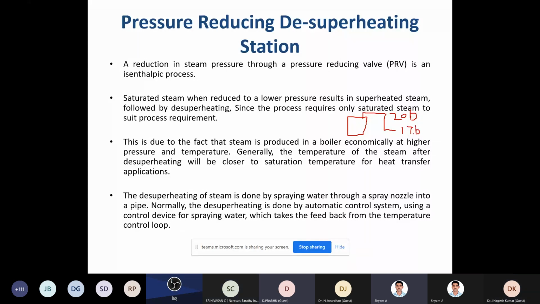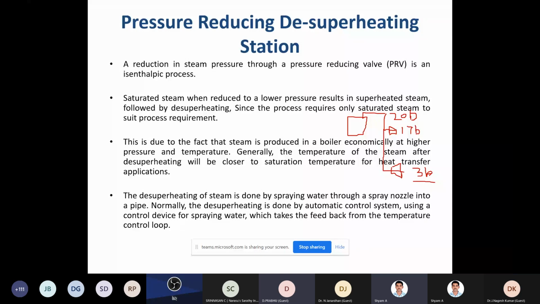Then the other users need only 3 bar. So what to do? Here we have to put some pressure reducing valves which will reduce the pressure. It will be like this, pressure reducing valves. Now, if you send in 20 bar here, at the outlet you will get 3 bar.